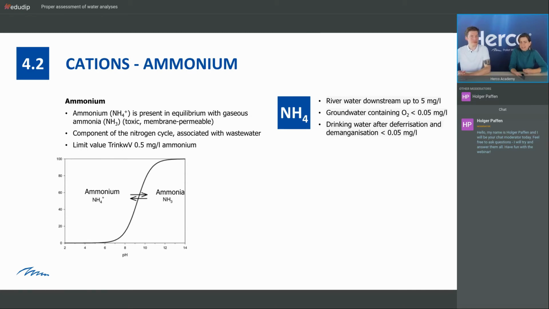NH3 passed the membrane because it's a gas. And then we had ammonia again in the water where we didn't want it to be after the reverse osmosis. So it's worthwhile to think about it when you have a higher amount of ammonia, that it can be converted to the gas form, and that it will pass the membrane and it could cause you problems later on.